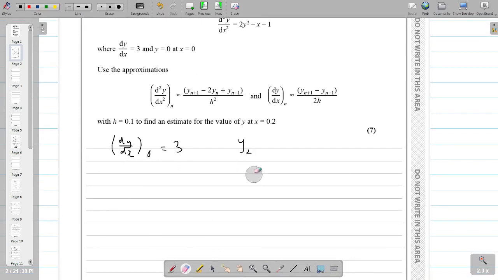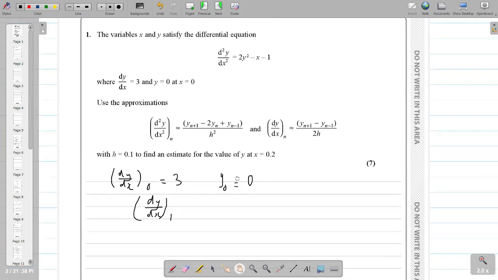All right, so let's list down all the information we know written in this notation. So y sub 0 is just going to be our starting point, which is 0. Yeah, that's what it is. I think that's all the information we have here. So let's try and figure out how we can determine what it is. So dy dx of 1 is basically going to be what y is equal to at 0.1.